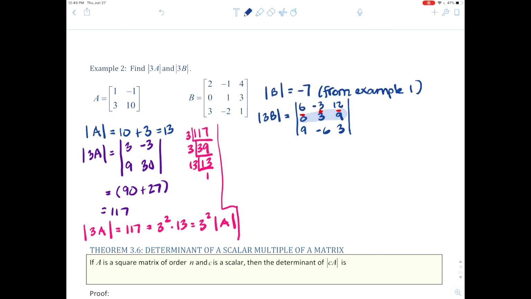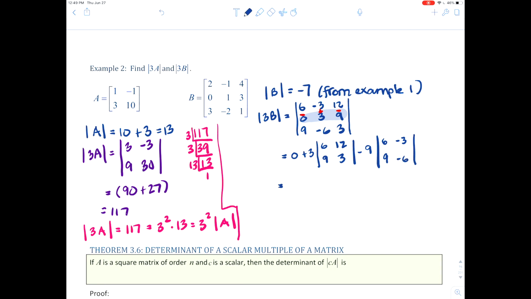We're going to get 0 plus 3 times the determinant of 6, 12, 9, 3, minus 9 times the determinant of 6, -3, 9, -6.